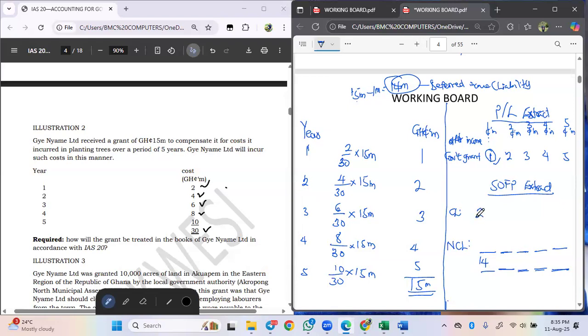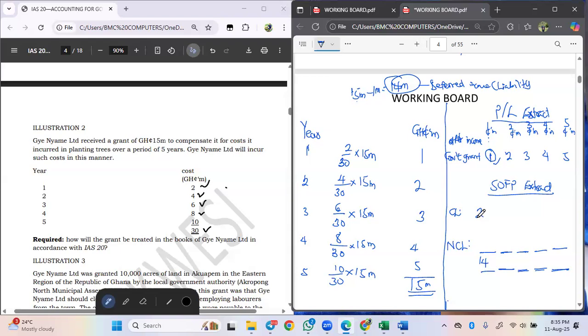So if you're in year 1, the immediate subsequent year is what? Year 2. And the amount that will be transferred to P&L in that subsequent year is what? 2 million.